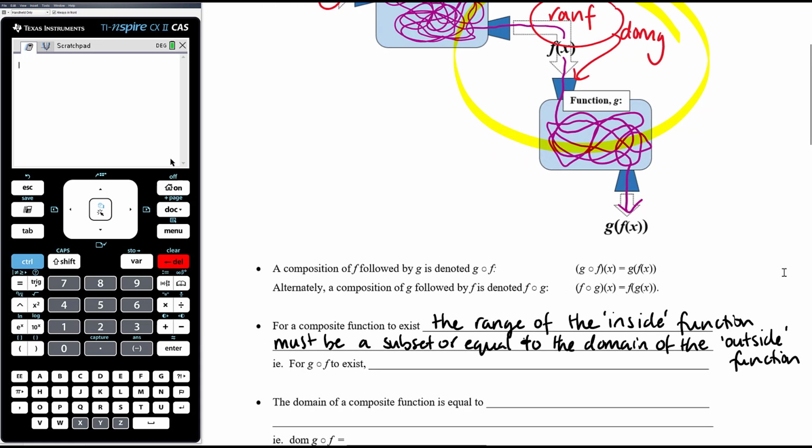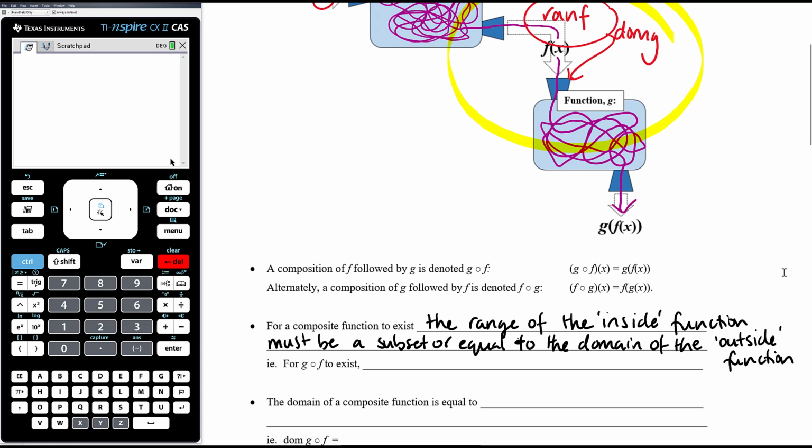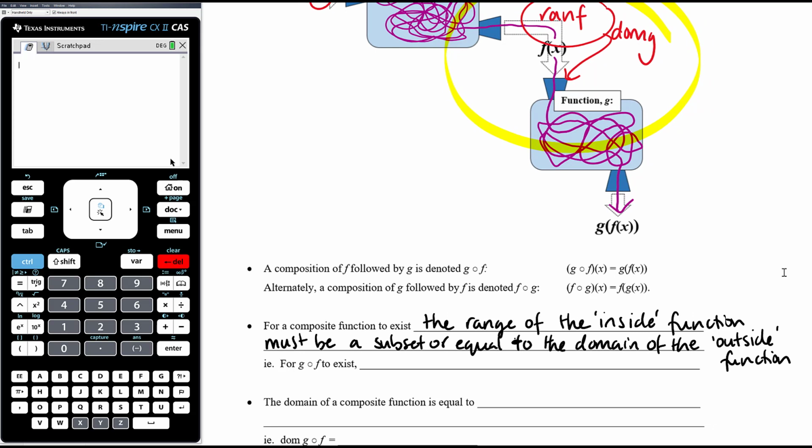If that doesn't happen, then we cannot perform the composition. We cannot calculate GOF or FOG, depending on what it is.